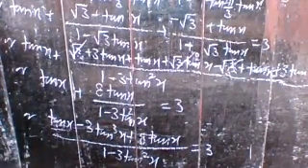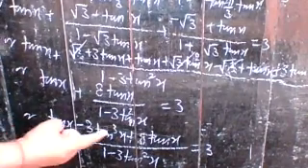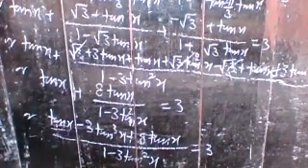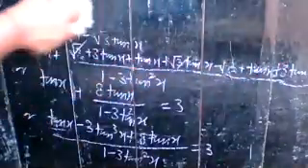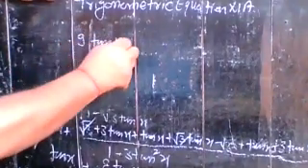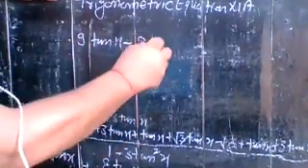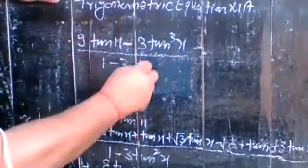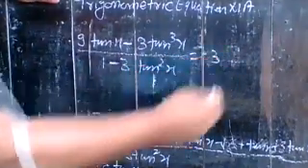So overall, here you have 9 tan x minus 3 tan cube x upon 1 minus 3 tan square x. So write it from the upper part: 9 tan x minus 3 tan cube x whole divided by 1 minus 3 tan square x is equal to 3.